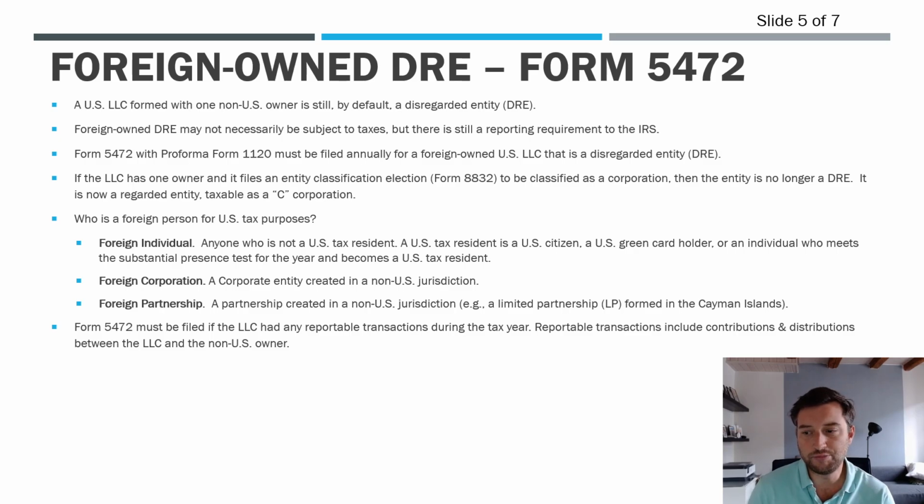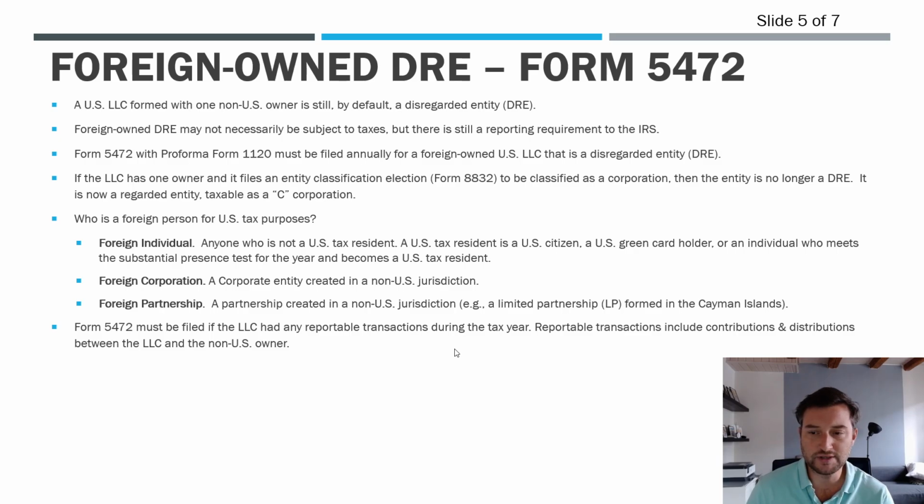And if that LP owned a disregarded LLC in the U.S., then it would still need that Form 5472 with a pro forma 1120. Now, what kind of information is reported on that 5472? Well, if the LLC has any reportable transactions.